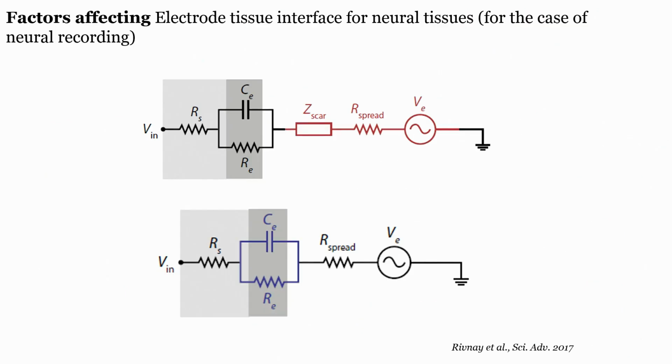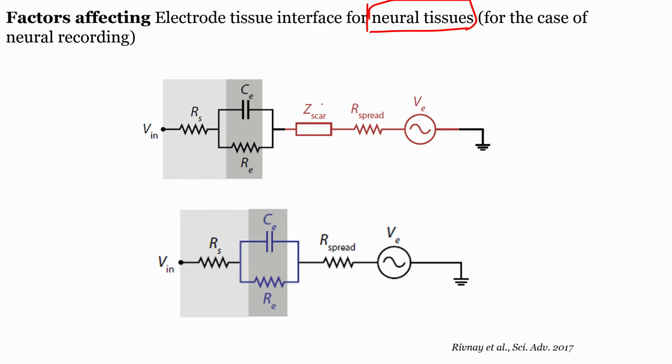Now one more important aspect which we thought of bringing out in this TA session was what are the factors that affect the electrode tissue interface and how those effects can be modeled. So these are some real time or practical issues which can help one in designing electrodes and also modeling the electrode tissue interface for understanding the potentials which are recorded, especially in this case for neural tissues.